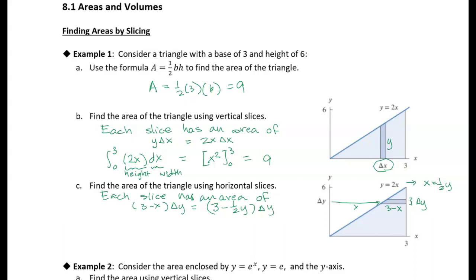Again, we can think of it as dividing the interval into more and more slices, and then we get the integral. In this case we integrate with respect to y, from 0 to 6, because we're taking horizontal slices instead of vertical ones.